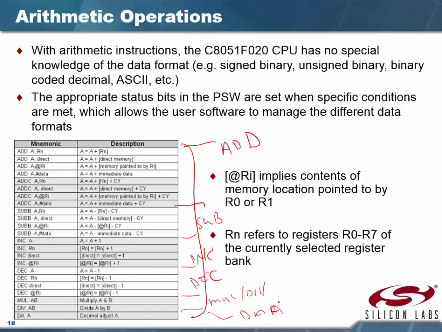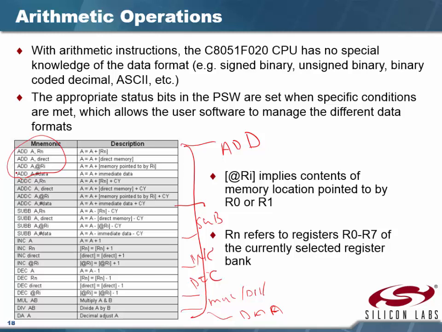The add has 2 different flavors. Notice that the adds all use, for the most part, the accumulator, and the result is stored in the accumulator. We can add a register to A. We can add direct memory to A, data stored in a memory location.